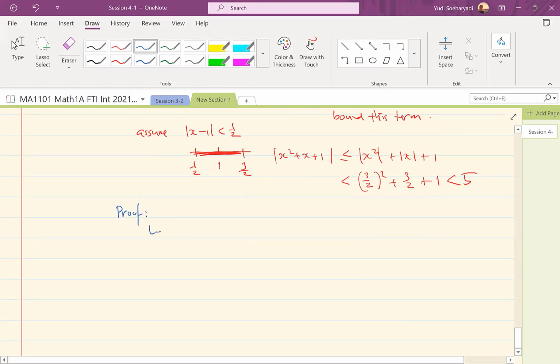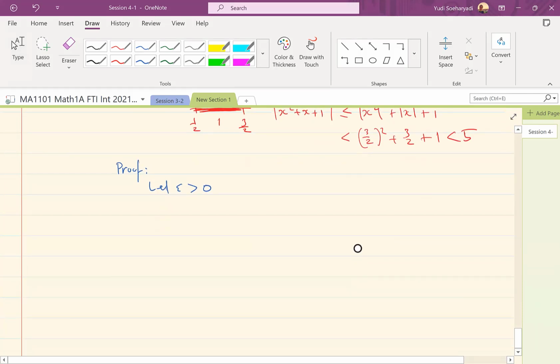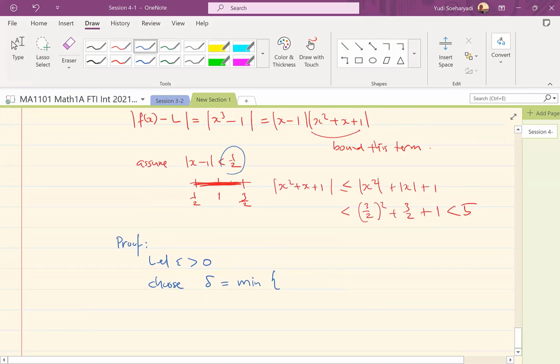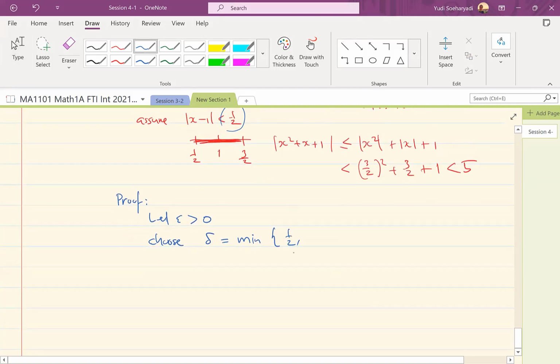Okay, so we let epsilon be a positive number. And what we choose is a number delta, which is the smaller one between our pre-assumptions. Our pre-assumptions are this one, 1/2, and this, epsilon over 5.